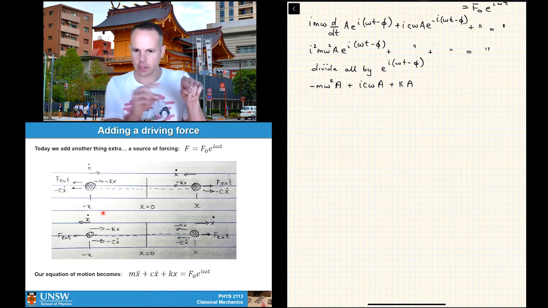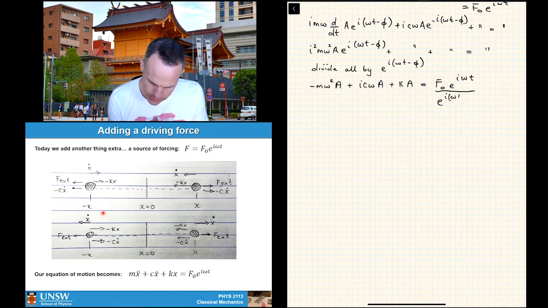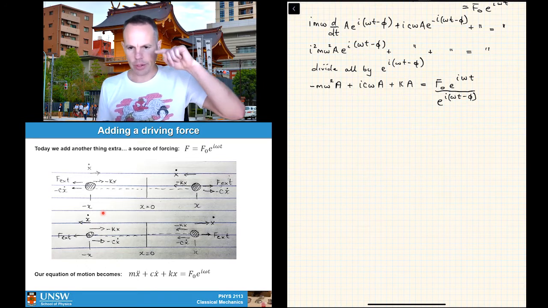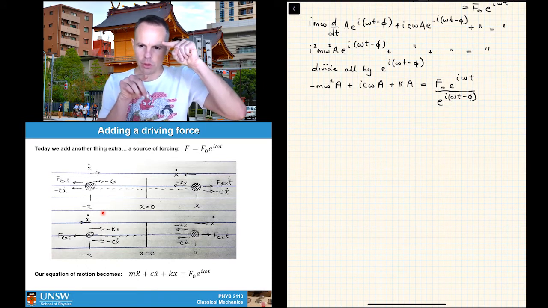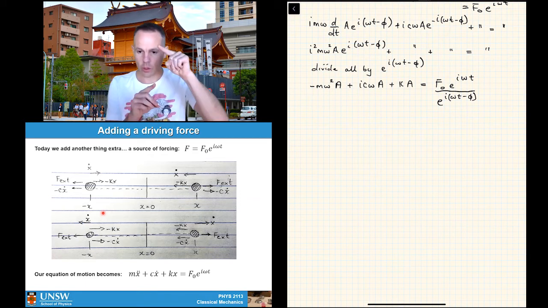Okay, so this has now taken each of the terms and divided that term on the end out. And then my last term is going to have something in here. So this is going to be F₀ e^(iωt) over e^(i(ωt − φ)). And of course I can use the e^(iωt) in the top with the e^(iωt) in the bottom to cancel those two terms out.